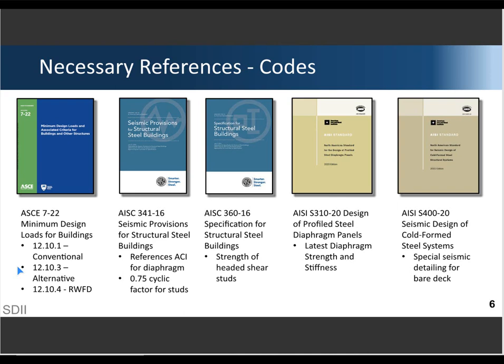This is called the alternative diaphragm design procedure, and we'll talk about that in the coming slides. And then there's another section in 2022 that's new, 12.10.4, which is related to rigid wall flexible diaphragm structures. Picture a tilt-up concrete big box store with a light, either metal deck or wood panel roof. But we're not going to talk about this part during this webinar.